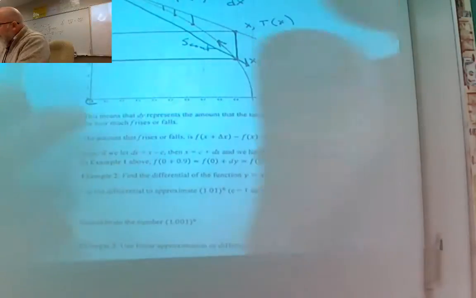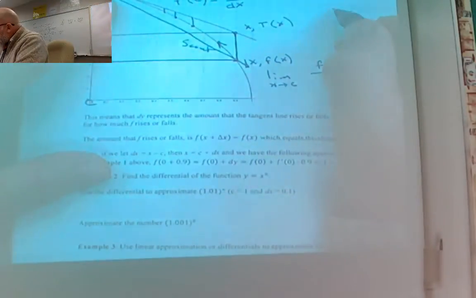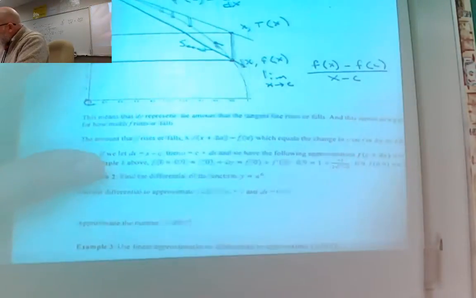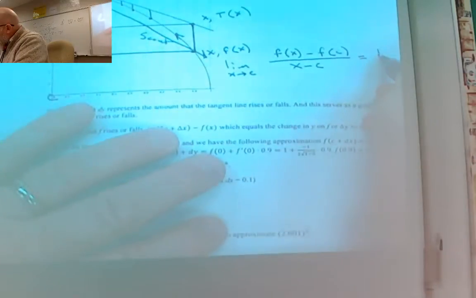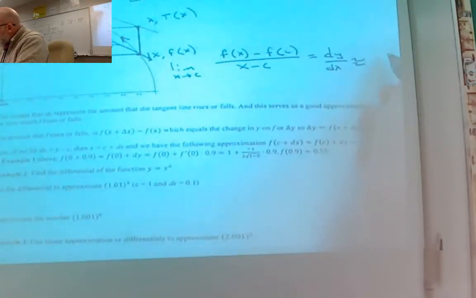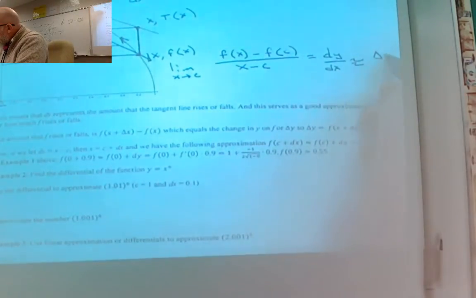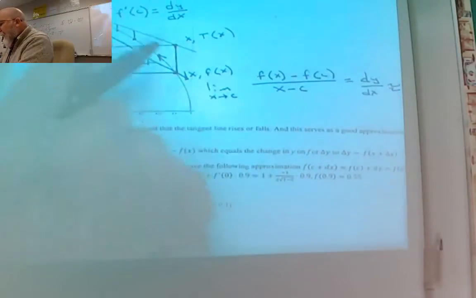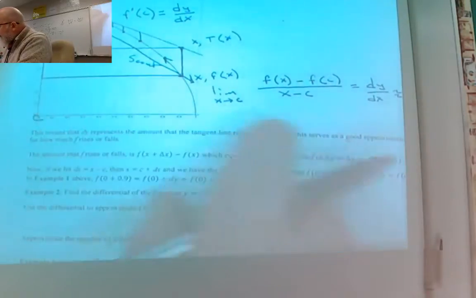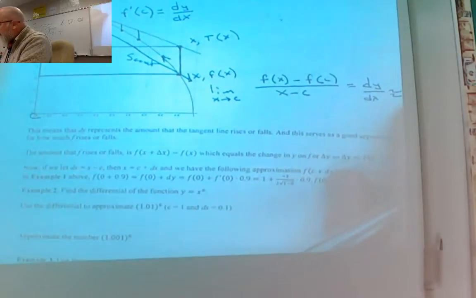So what I am saying is that as c moves, and I get dy over dx, it's approximating the real slope, because as it's getting closer, this is changing and it's approximating that.